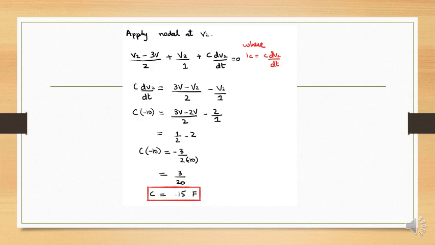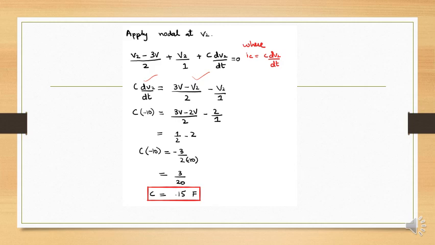After that, rearrange the equation, with this one on the right hand side and this one on the left hand side. Then put in all the values given in our question: dV2/dt is equal to 10, V2 is equal to 2. Put in all those values and we get minus 3/2, right?